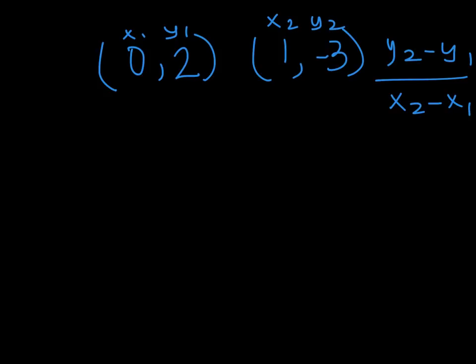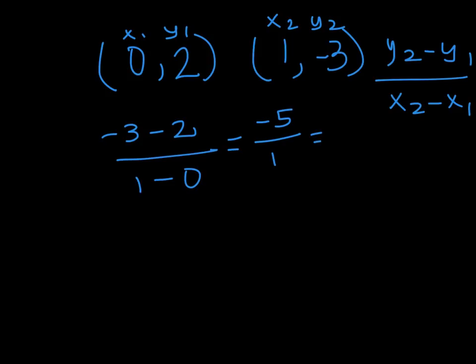All right, so again, I'm going to say y2 minus y1 over x2 minus x1. -3 minus 2 gives us -5. 1 minus 0 gives us 1. And -5 over 1 simplifies to -5. All right, that means that our m value in this equation is -5.